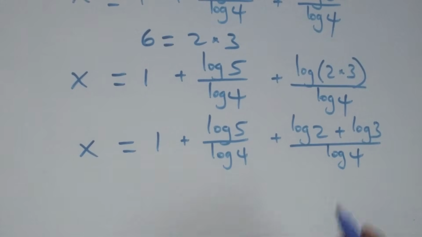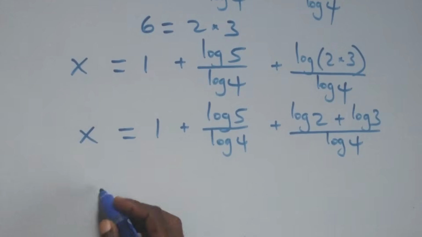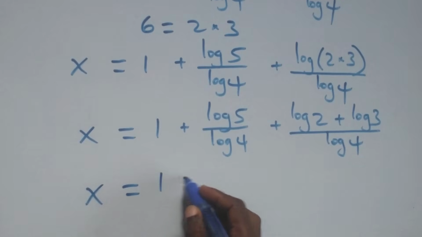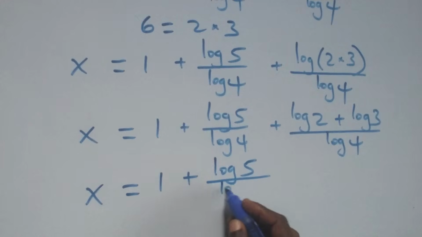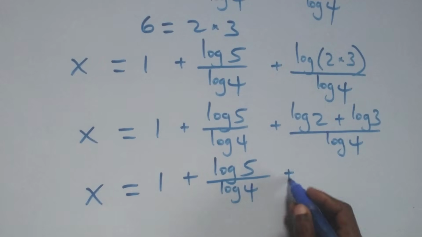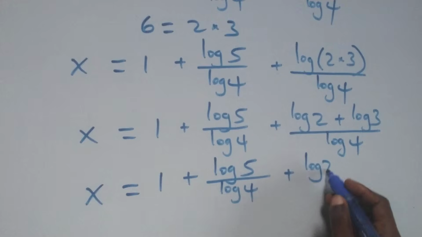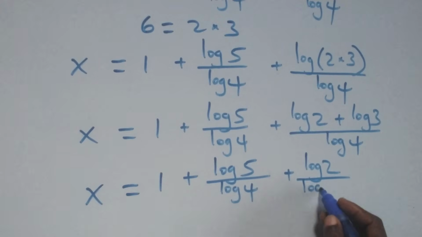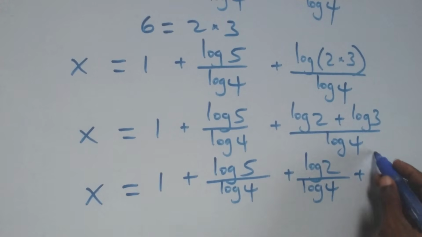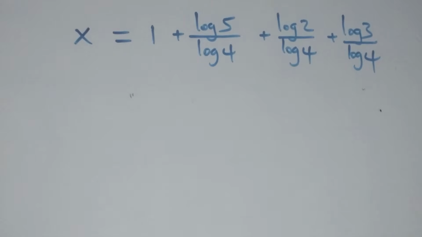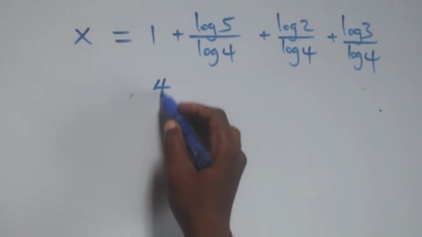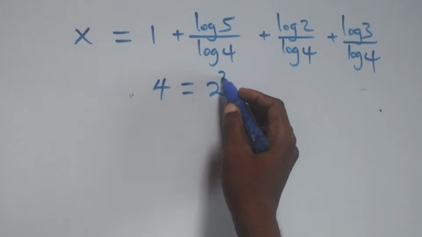And also, separating this into two fractions, we have x equals 1 plus log 5 over log 4 plus log 2 over log 4 plus log 3 over log 4. That is, next step here, I rewrite 4 as 2 times 2, which is 2 squared.